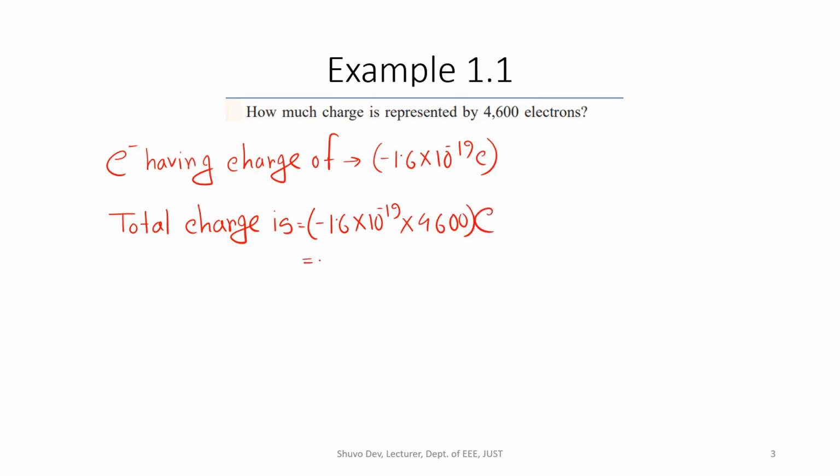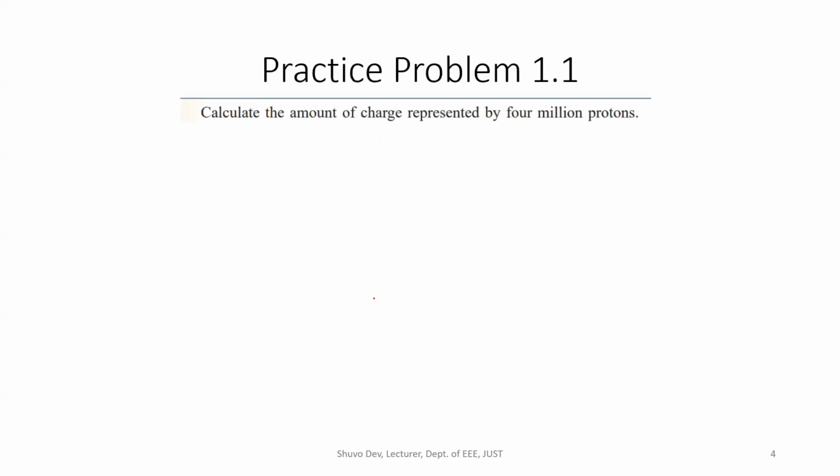Using a calculator you can find this is minus 7.369 into 10 to the power minus 16 coulomb. This is a very simple problem, example 1.1 from the 4th edition of Alexander and Sadiku. This is the charge of 4600 electrons. Now let's go further to the next topic.